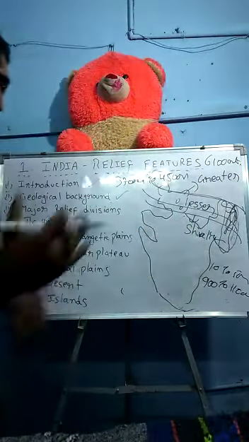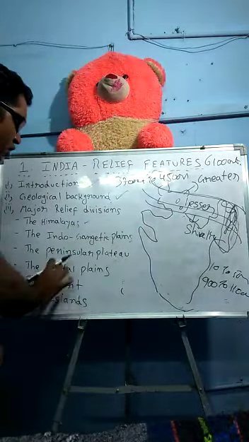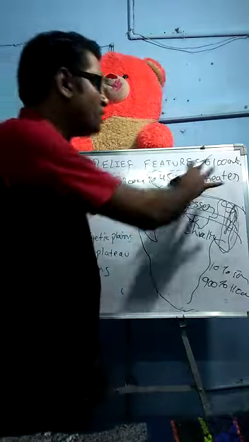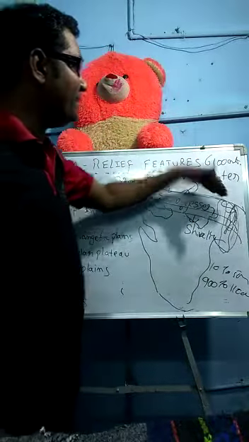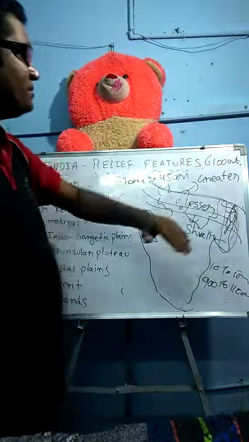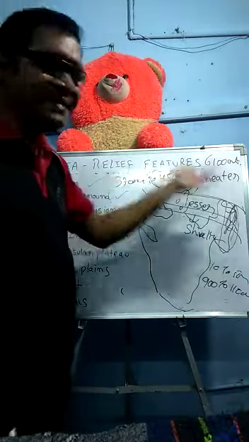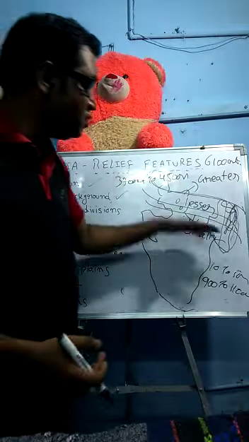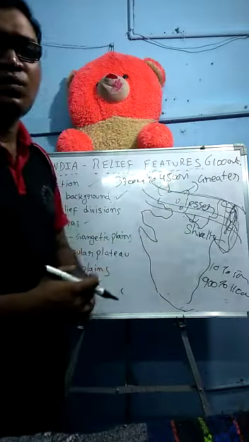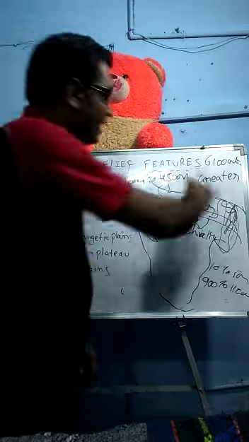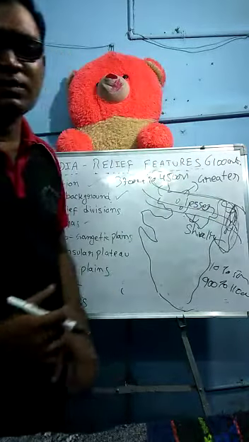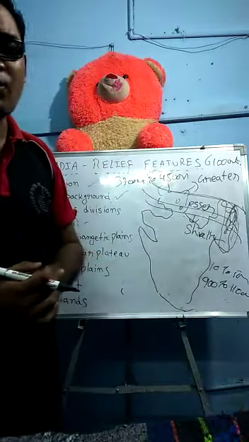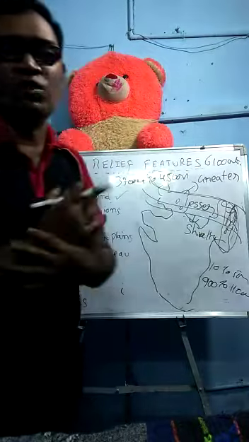In the coming classes, I will explain the Indo-Gangetic Plains, Peninsular Plateau, coastal plains, desert, and island details. Today I explained the Himalayas: the combination of greater, lesser, and Shivalik ranges. The Greater has the height and perennial rivers; the Lesser has the height, range, valley, and hill details. The Shivalik ranges have different names at different locations, and valleys like Dehradun. Here at the end are the Brahmaputra valley and the Dihang valley in Arunachal Pradesh, and this overall part we call the Purvanchal region, a combination of many hills.